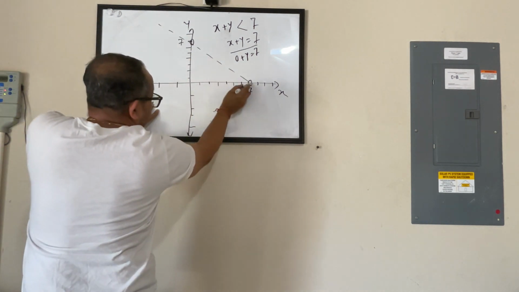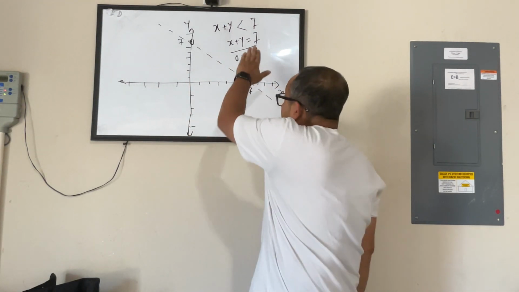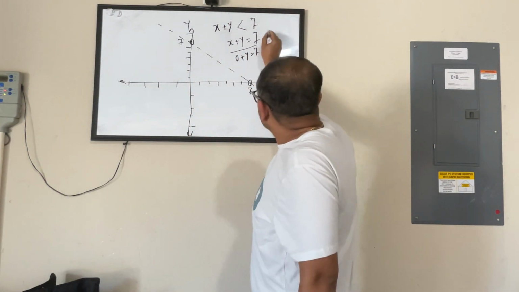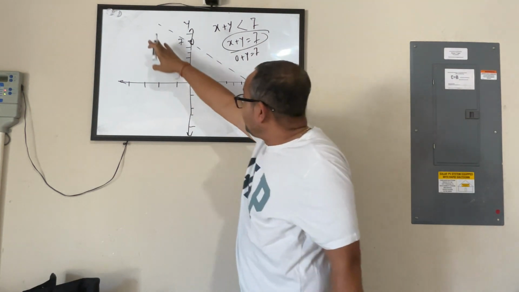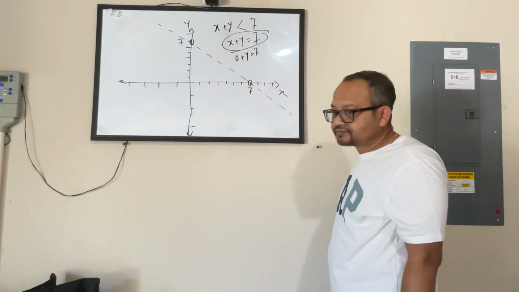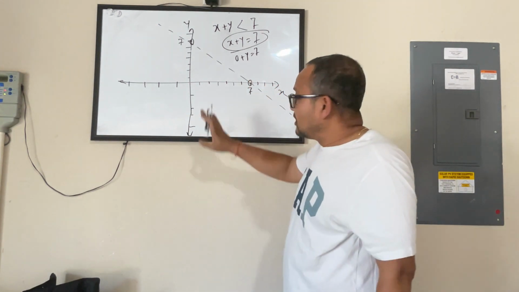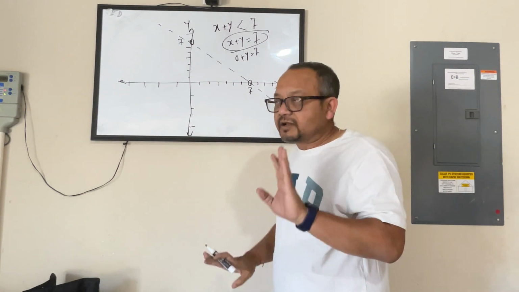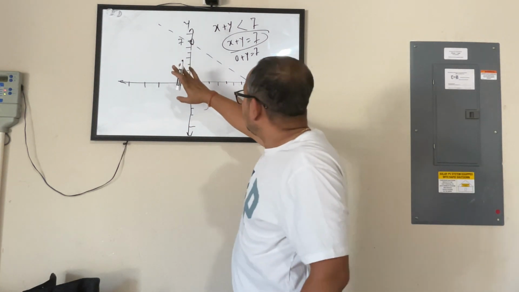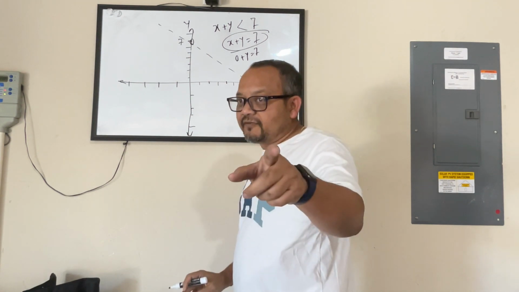So here is the difference. If I am drawing with an equation, I will bravely draw the solid line. If you are taking notes, that's fine, but you can minimize the amount of notes because you anyway have everything in the video.